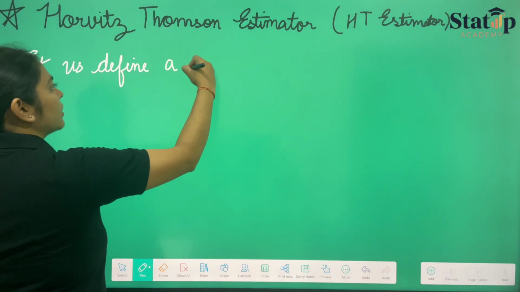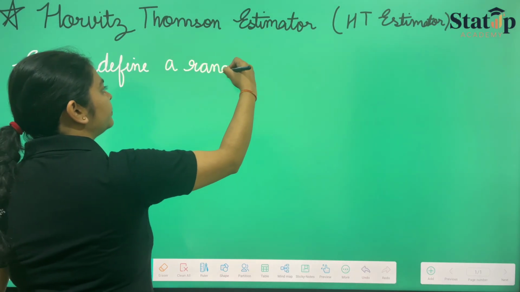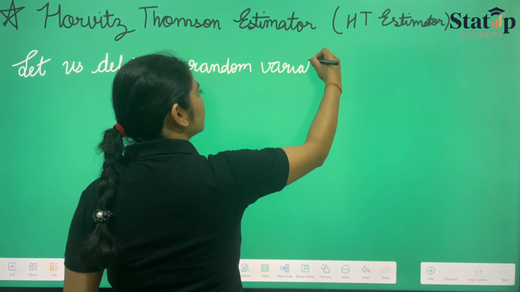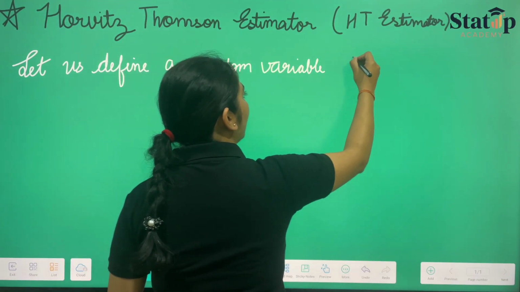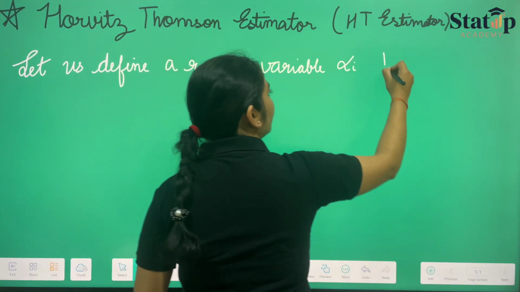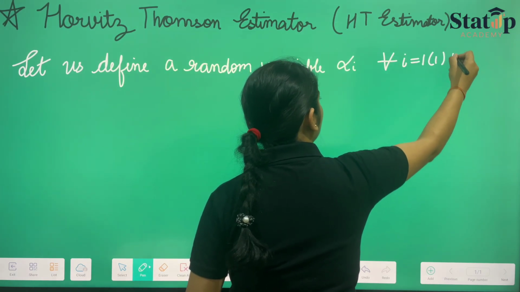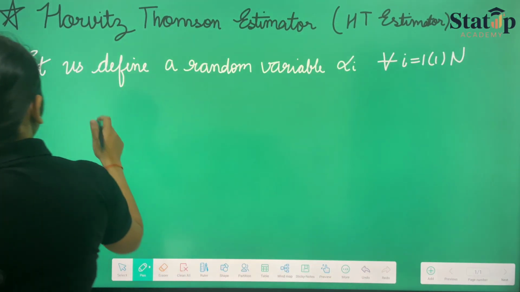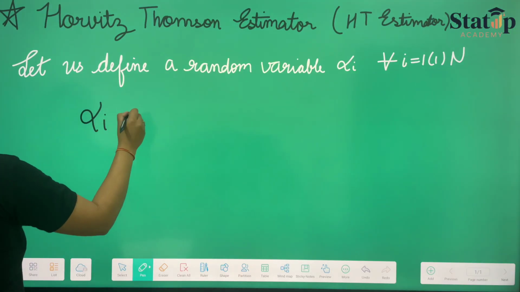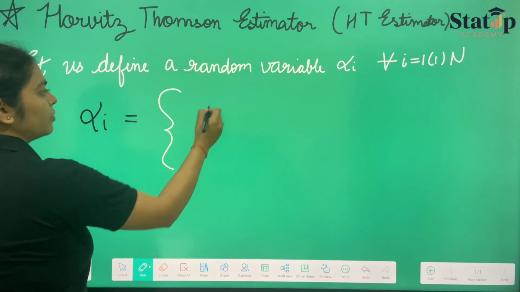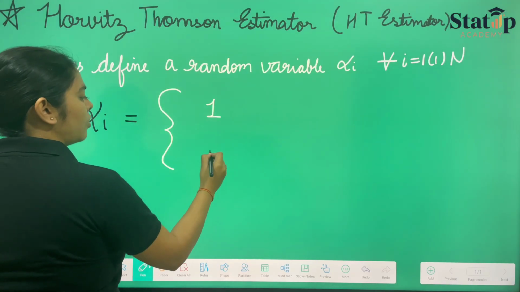a random variable alpha i for all i going from 1 to capital N. Alpha i is an indicator variable. It takes two values, either 1 or 0.